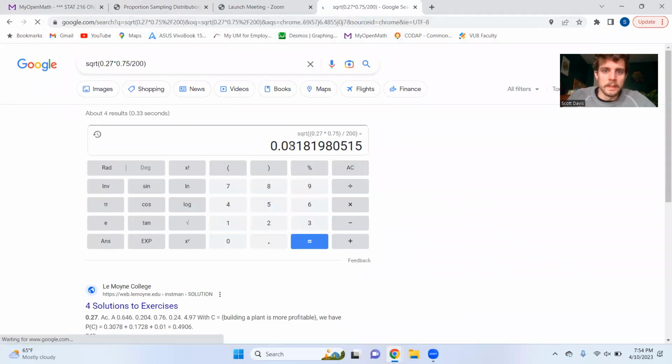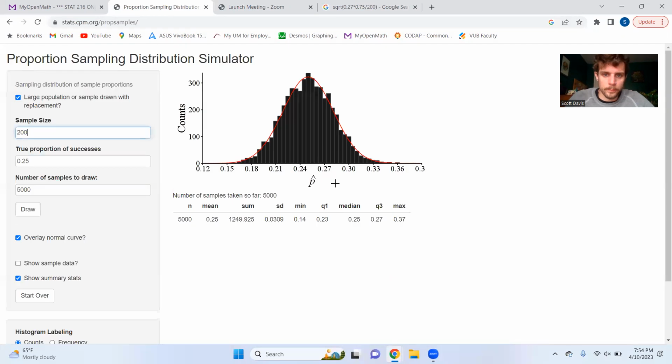And we get 0.0306. This has a standard deviation of 0.0309. So pretty close. If we were to approximate our simulated data with the normal distribution, we would be pretty close. Our values are fairly accurate.